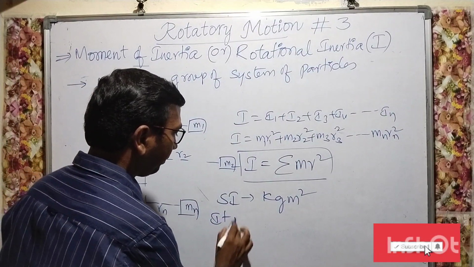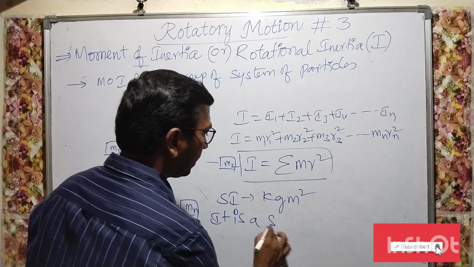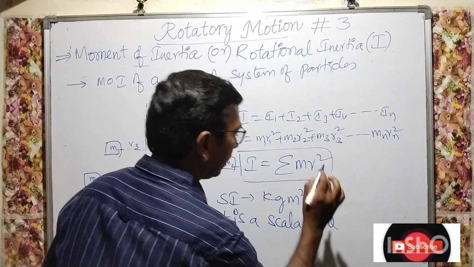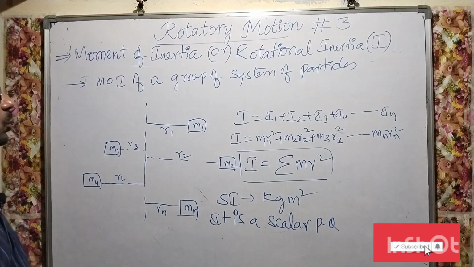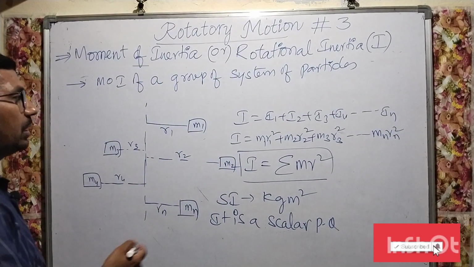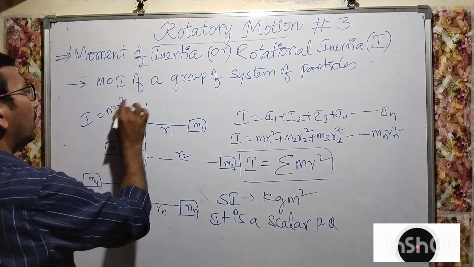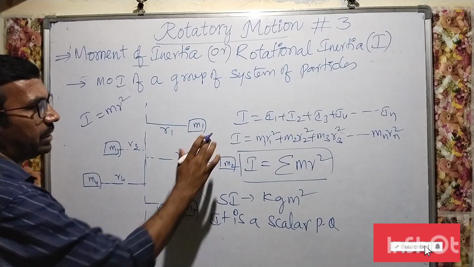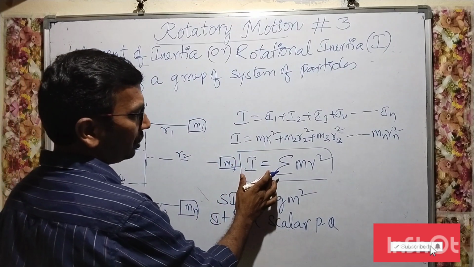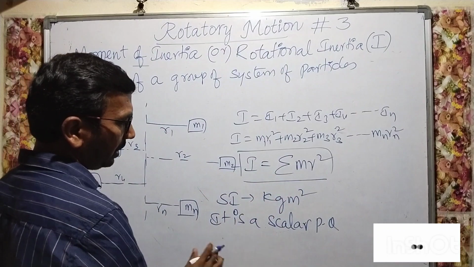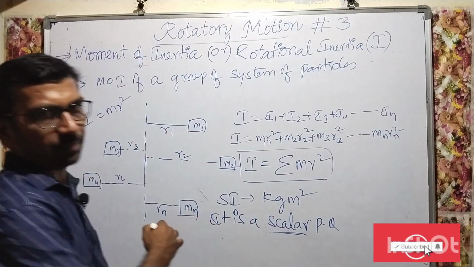For a single particle, I is equal to mr square. For a group of system of particles, I is equal to summation of mr square.